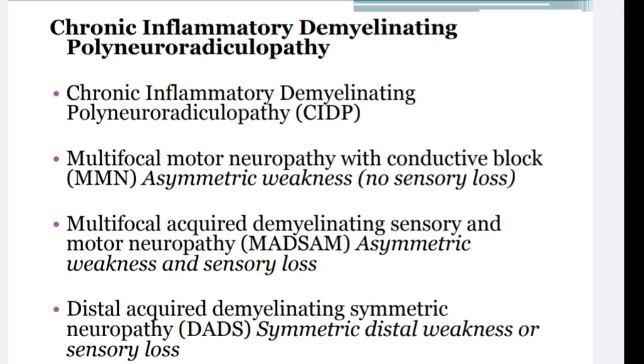CIDP is clinically similar to GBS, except that it follows a course characterized by relapses or a chronic progressive course, and no improvement is apparent within the 6 months after onset. Its cause is not known.